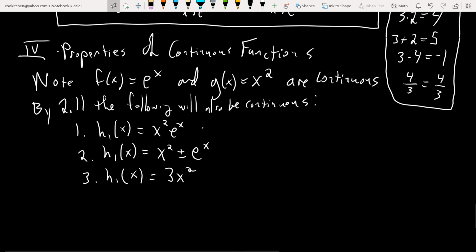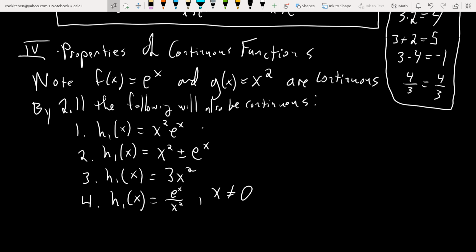What about if I divided two continuous functions? Sort of, right? It's continuous everywhere except where the denominator is equal to 0. What about compositions then? Usually, right?